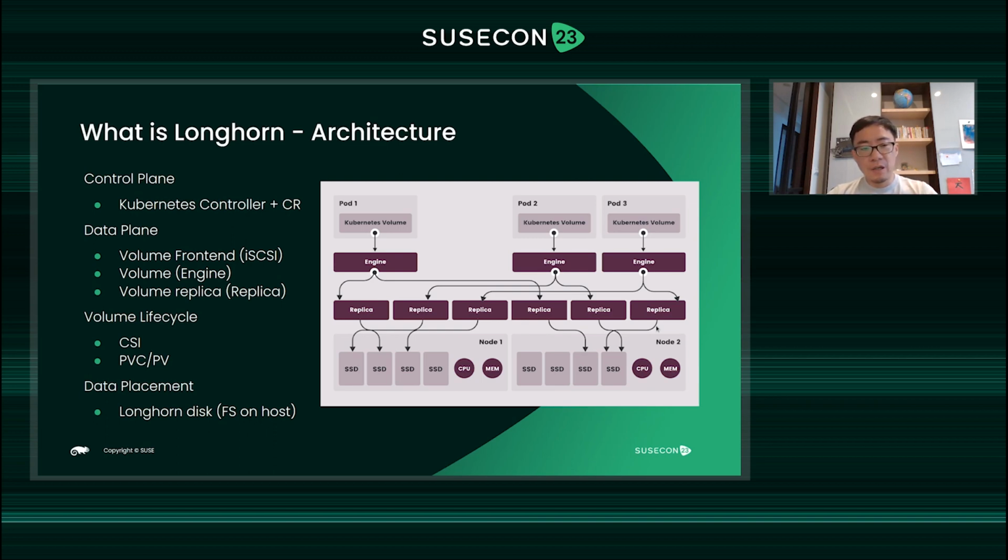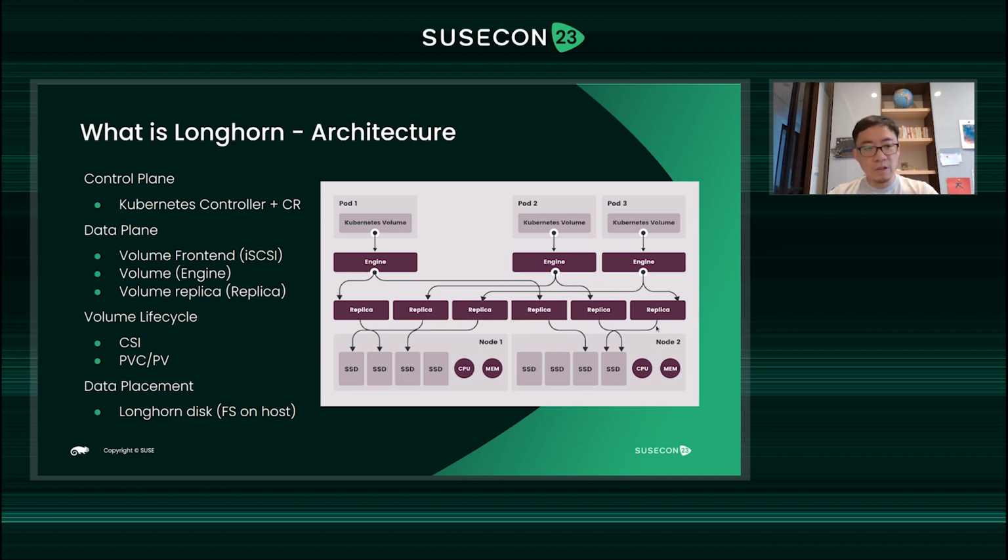The data plane is how the volume is represented to the user and the workload. There are three parts here. The first one is the volume front end. Right now, the Longhorn volume is based on iSCSI, so users can use the volume exposed by an iSCSI target server launched by Longhorn.